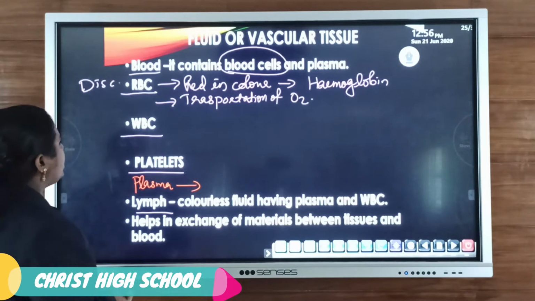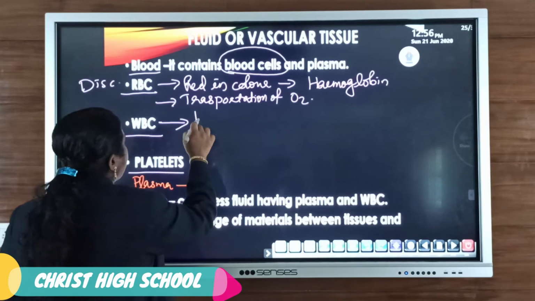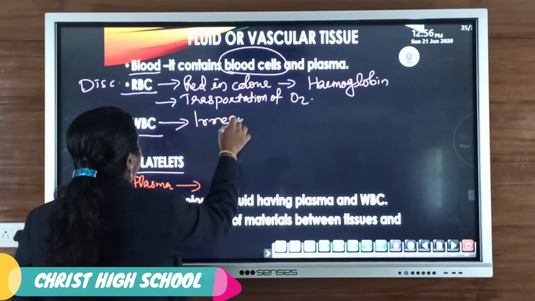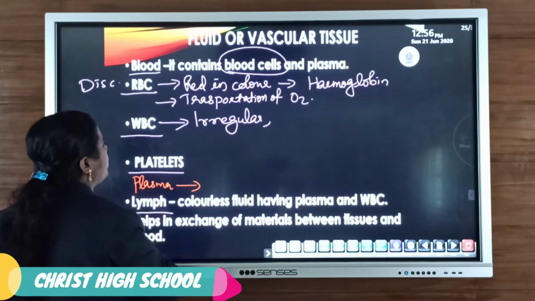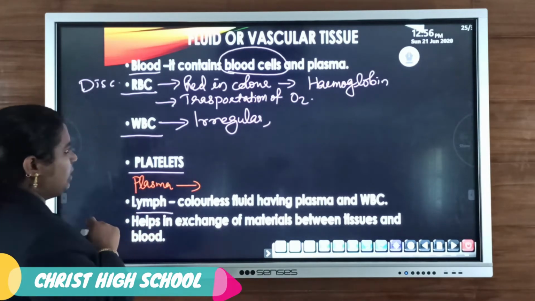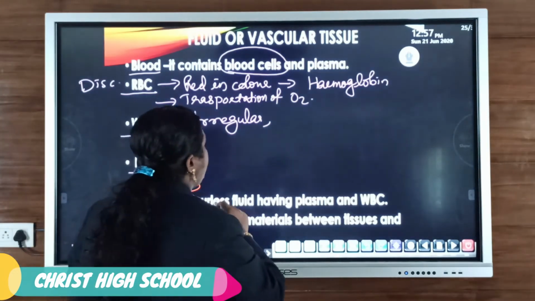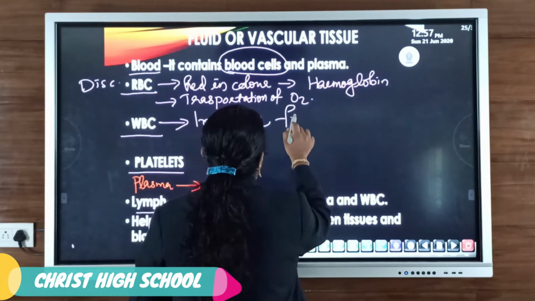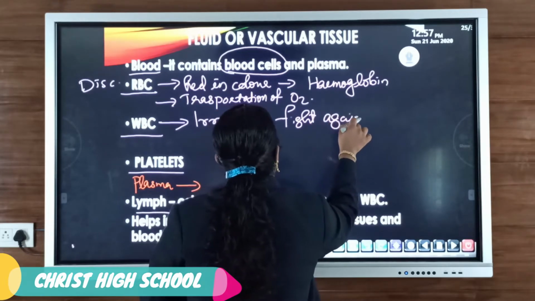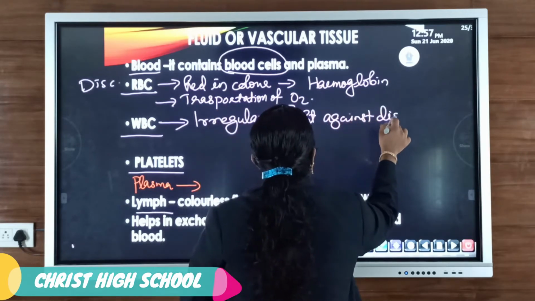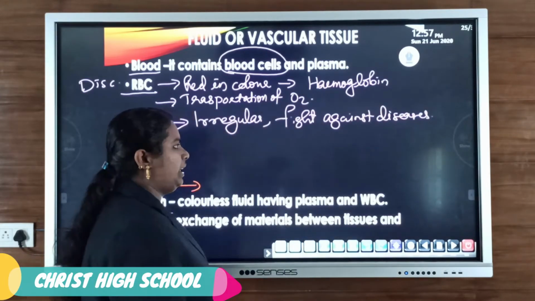Clear? Then the second type of blood cell is WBC, white blood cells. They are irregularly shaped, they do not have a particular shape, and they are colorless. Their main function is to fight against diseases, and they are known as soldiers of the body.